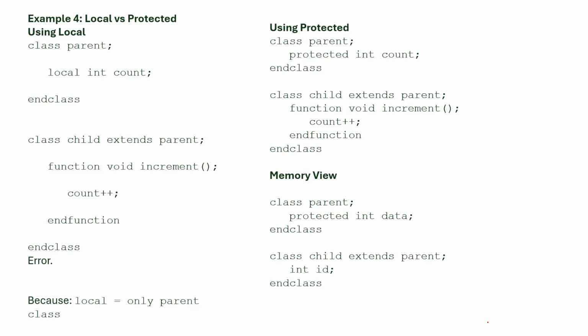accessible, right? Okay, fine. Local versus protected: local int count I am considering here. That count cannot be accessed by your child because local is only parent class. We don't have permission to access the child class.